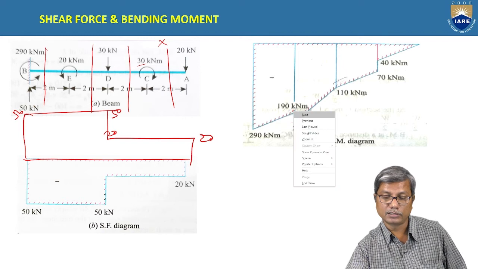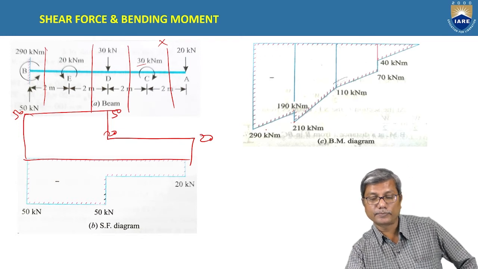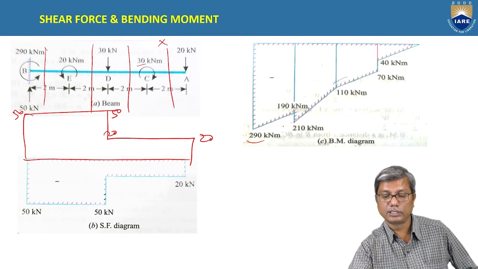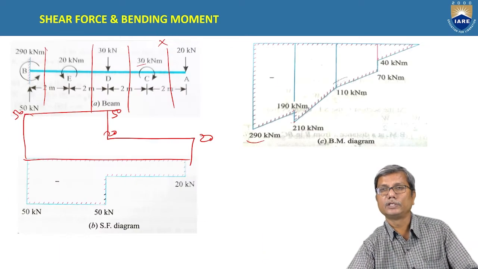It varies from 190 to 290. At the fixed end, 290 is the bending moment. Already we have seen those values; they are just plotted here.